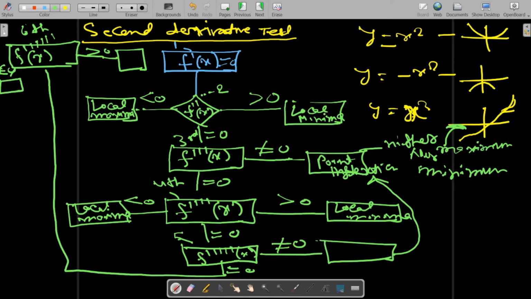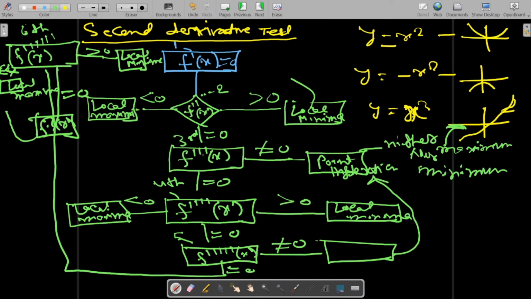If it is greater than 0, similarly it is local minima, and if it is less than 0, then it is local maxima. And if it is giving 0, then go for f7, the seventh derivative, and repeat the same thing.